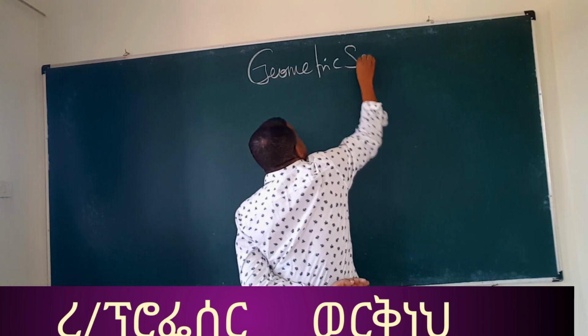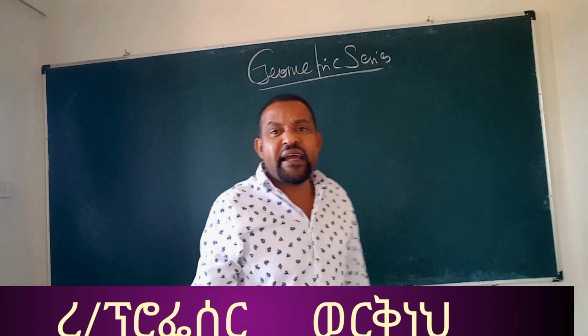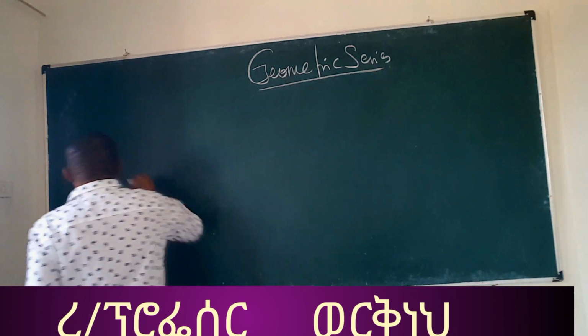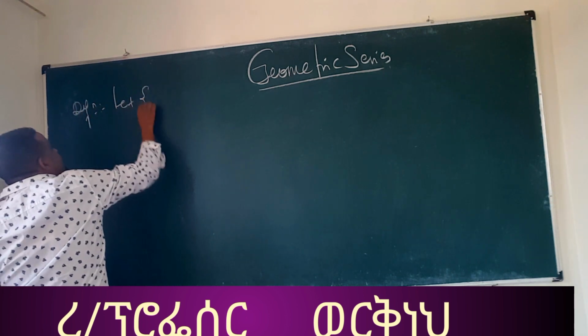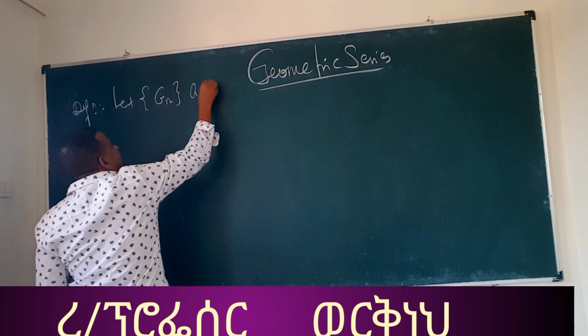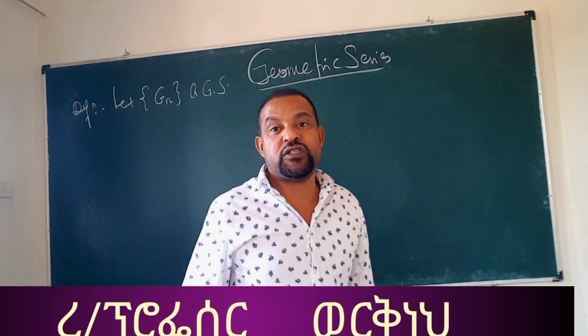A geometric series is nothing but the infinite sum of the terms of a given geometric sequence. So the definition is here. Let this be a geometric sequence or progression.